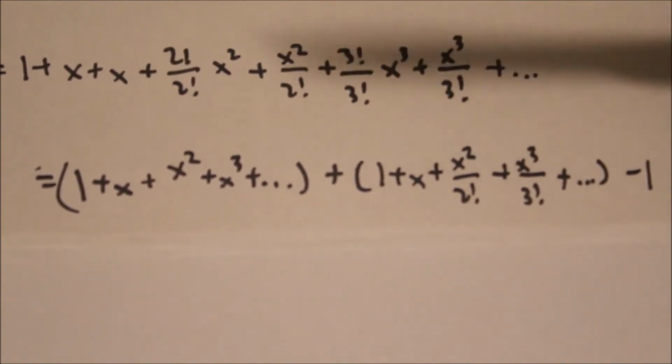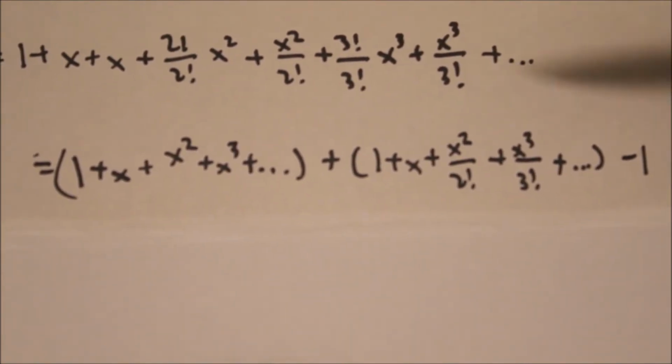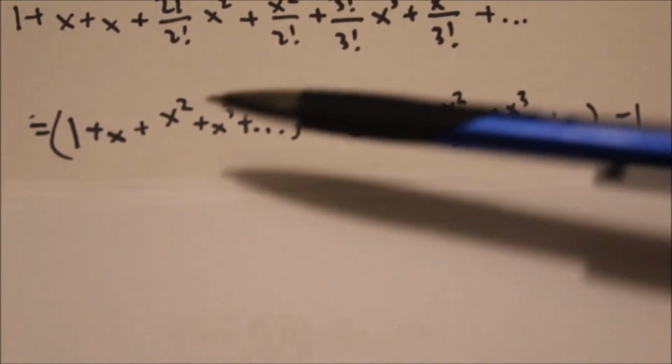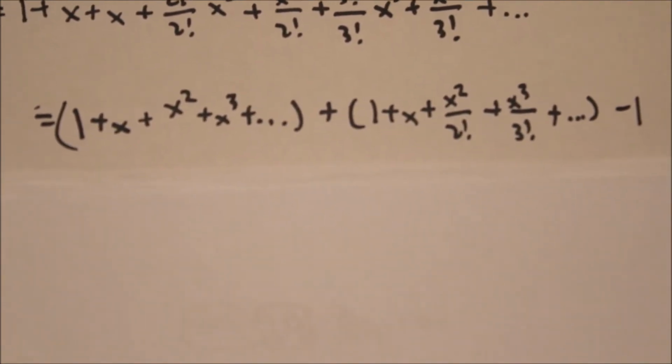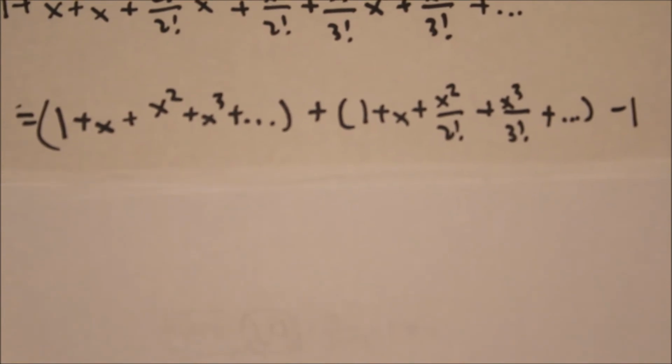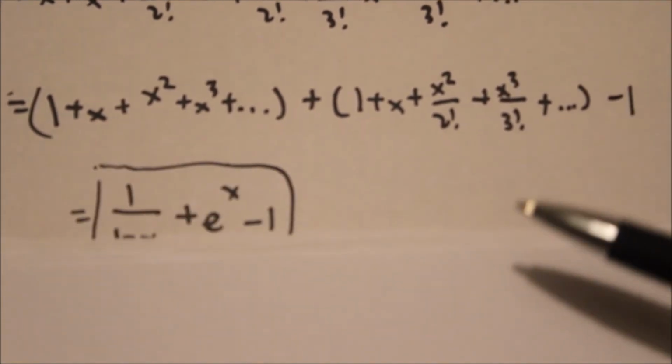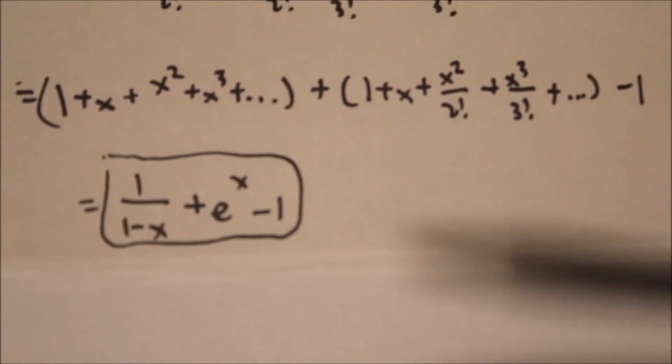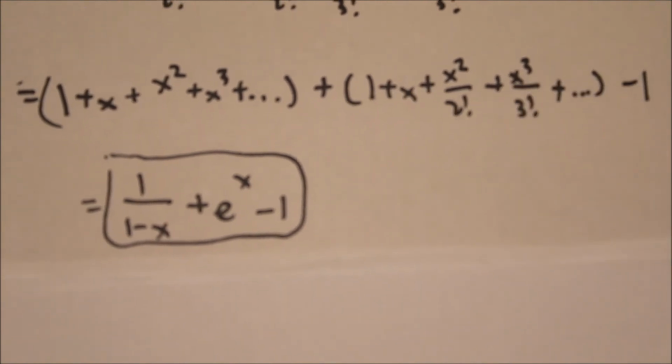And since 1 plus 1 is 2, we have to subtract 1. As you guys know, 1 plus x plus x squared and so on is 1 over 1 minus x, and 1 plus x plus x squared over 2 factorial and so on is e to the x. So that means this series is 1 over 1 minus x plus e to the x minus 1.